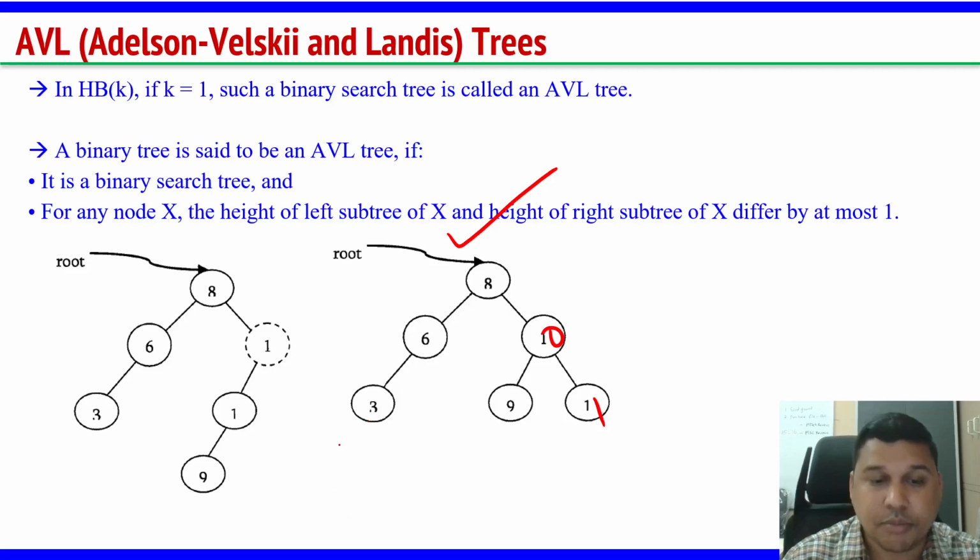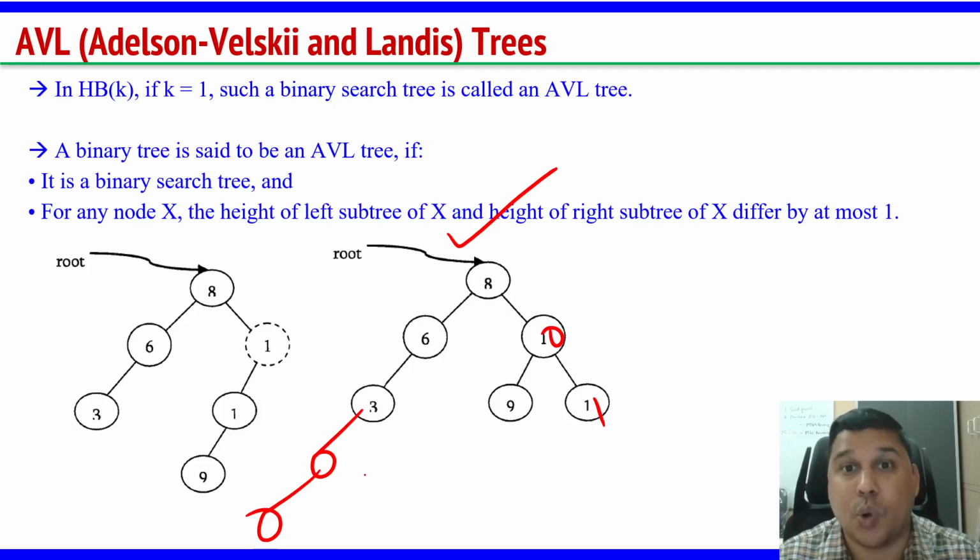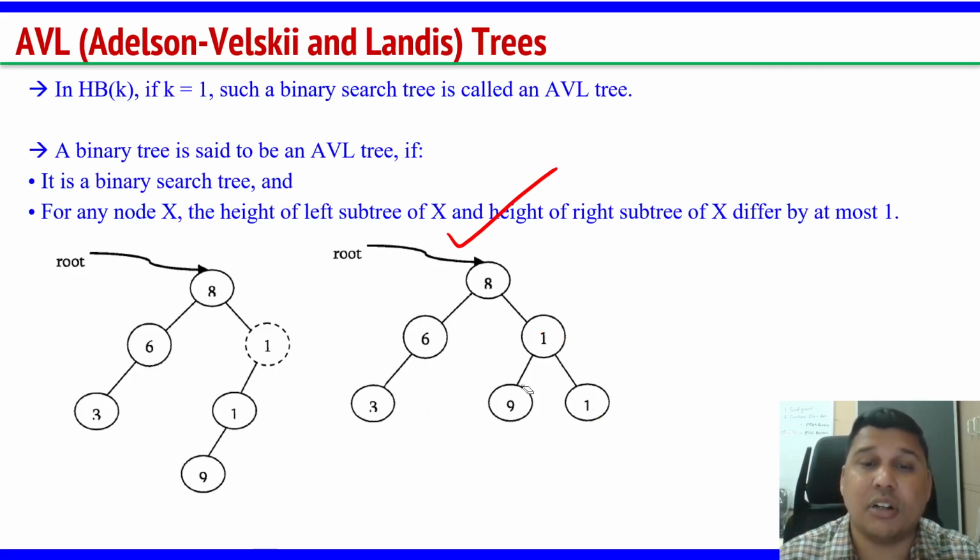But if I insert a node here and then another node here, is this balanced? No. It means the tree is becoming unbalanced. A tree becomes unbalanced either because of insertion of some number or because of deletion of some number. So, what kind of violations can happen, what reasons can cause a tree to not remain an AVL tree, that we have to study, and we will see that.